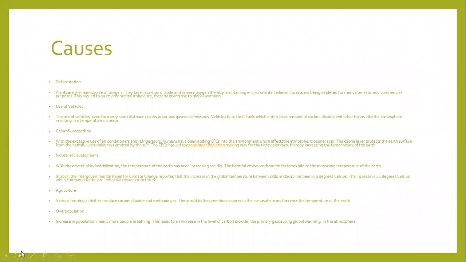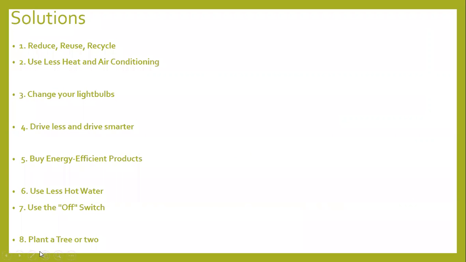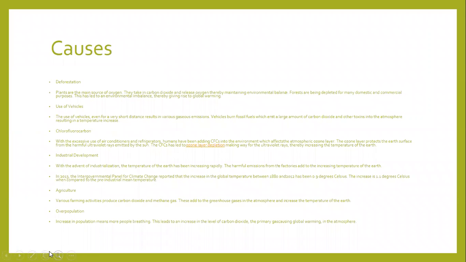All right, let's see. Causes. The causes of global warming. So as you can see, this is deforestation, we covered that. Use of vehicles.